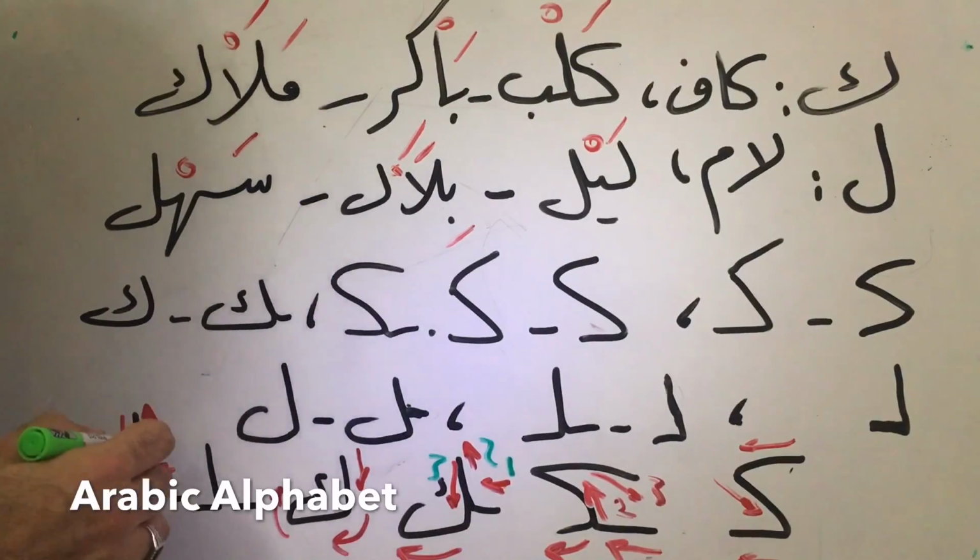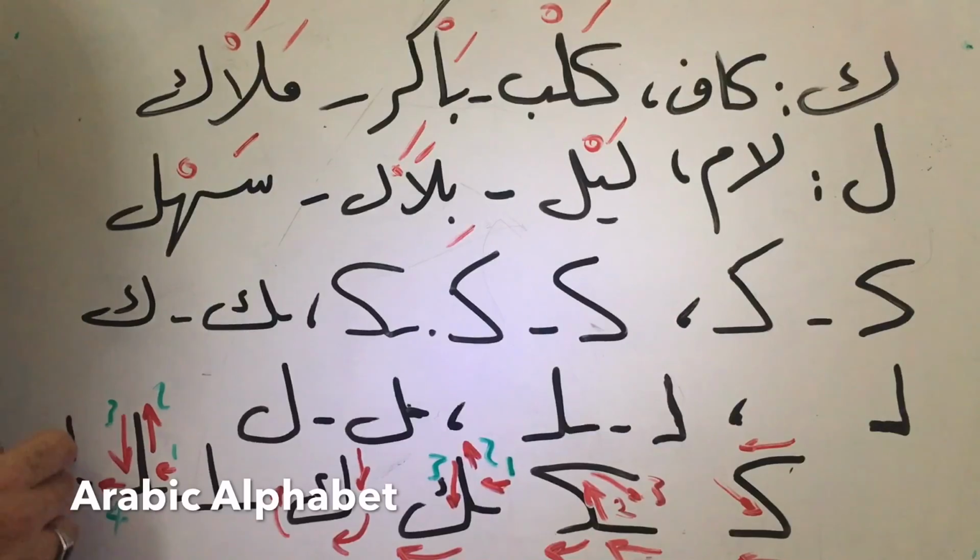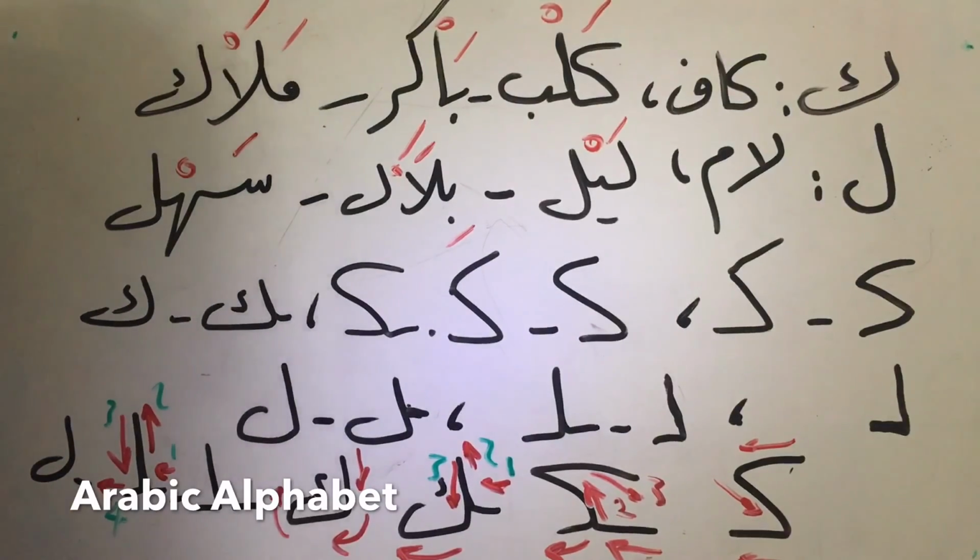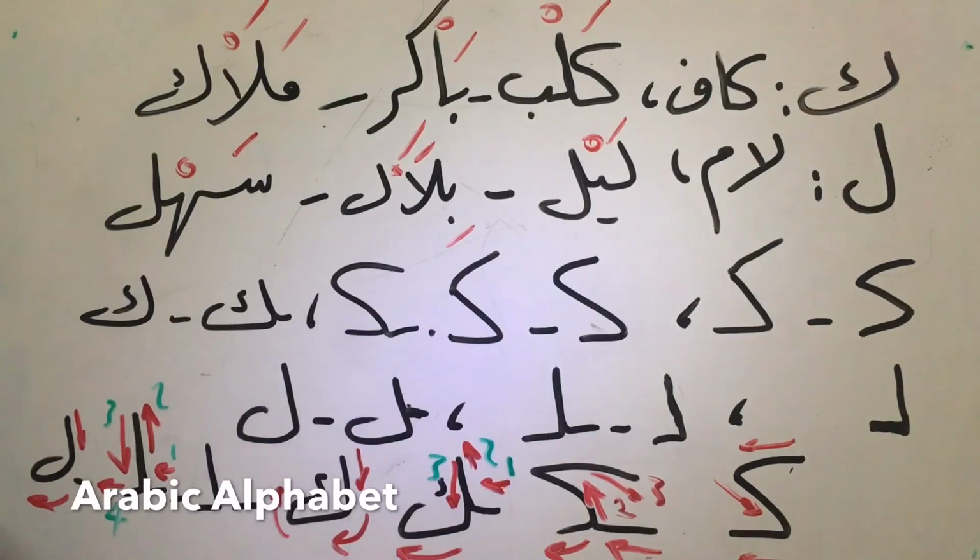So this is number 1, 2, 3, and 4. If it is at the end of the word, it is like this. We start from up, down. These are the different ways of writing kaf and lam.